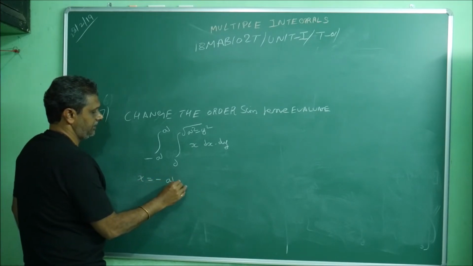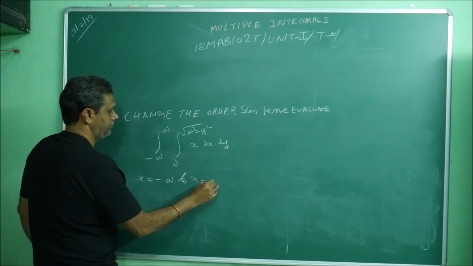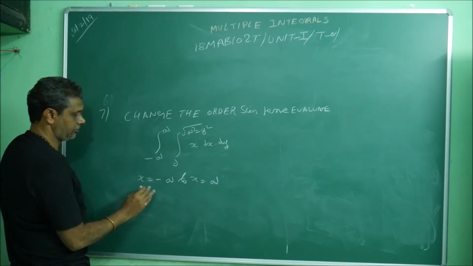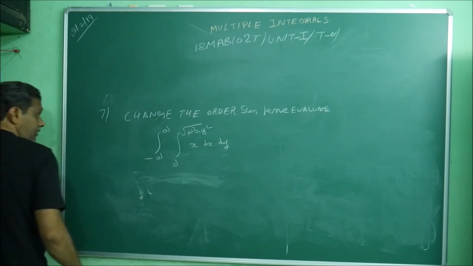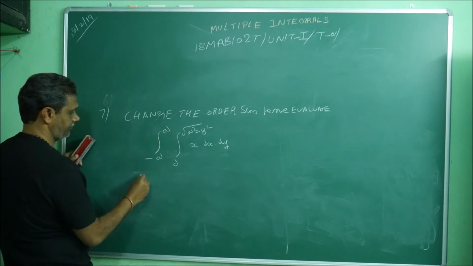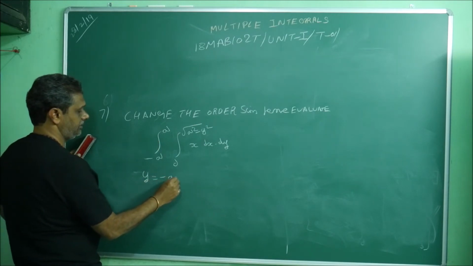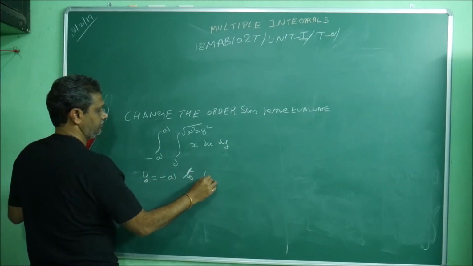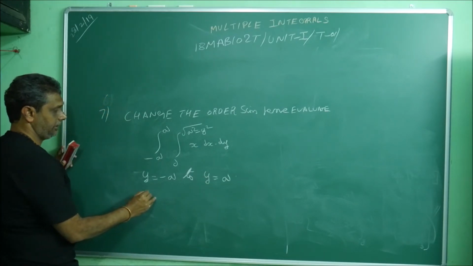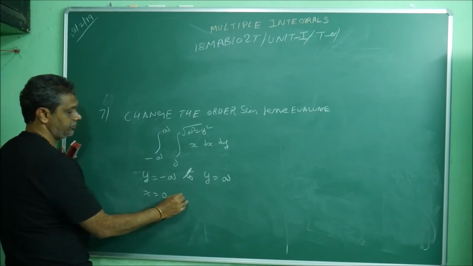Y is equal to minus a to plus a is drawn. Y constant means what? Y limits constants. So y is equal to minus a to plus a. Then x is what? 0 to root of a square minus y square.